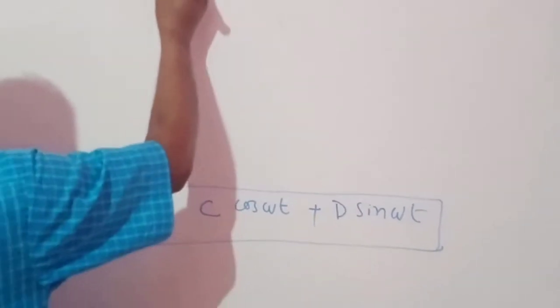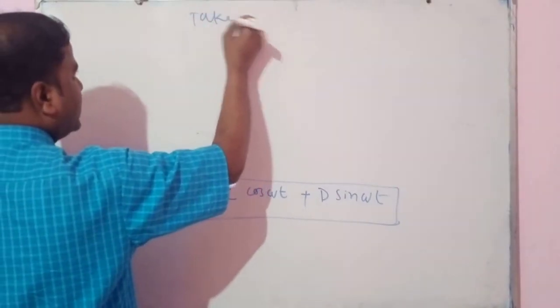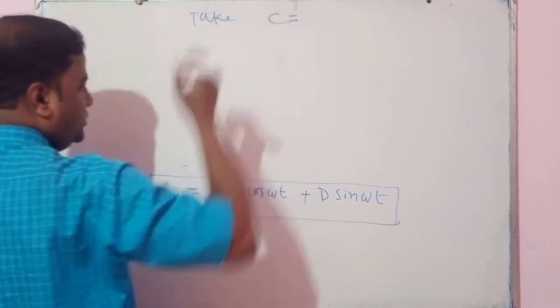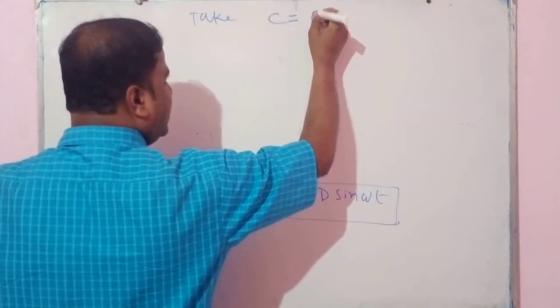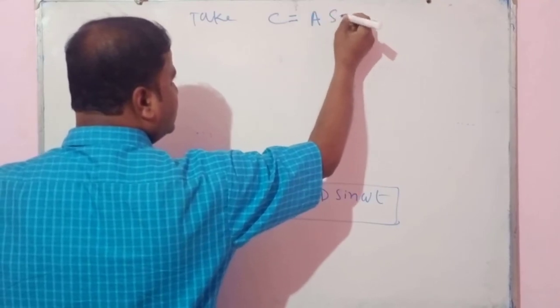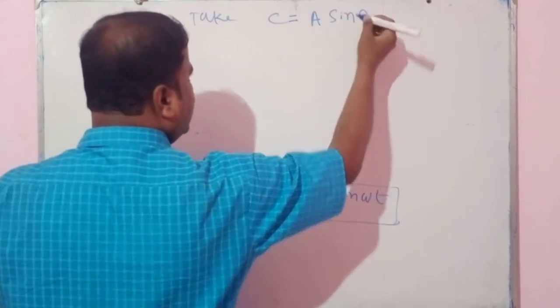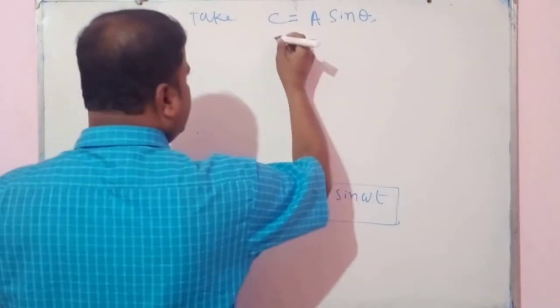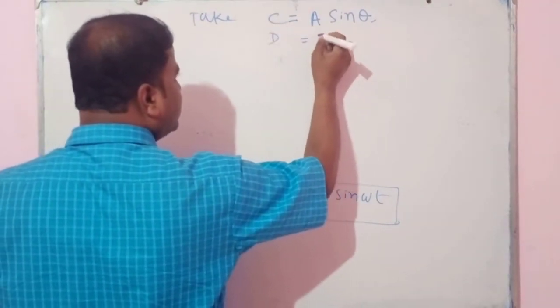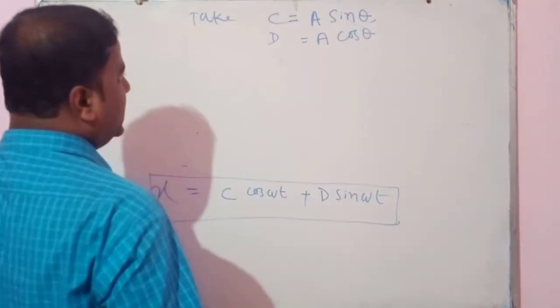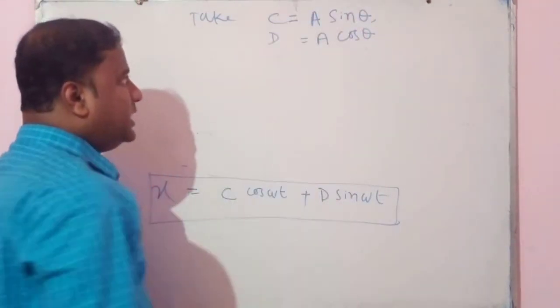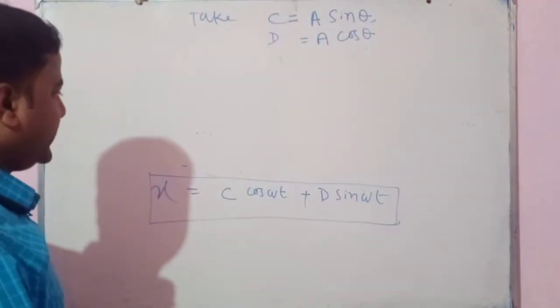Take c equal to, say, capital A sin theta, and d equal to A cos theta. Here A and theta are other constants.